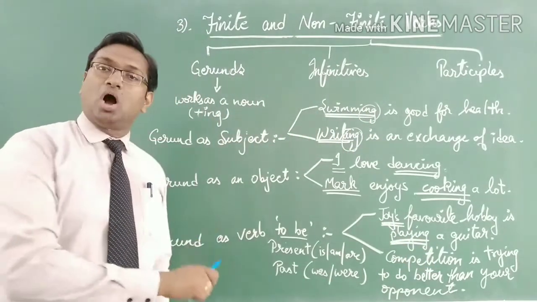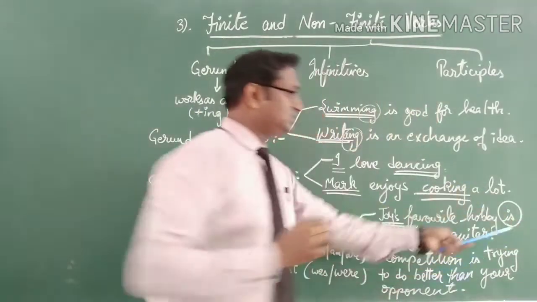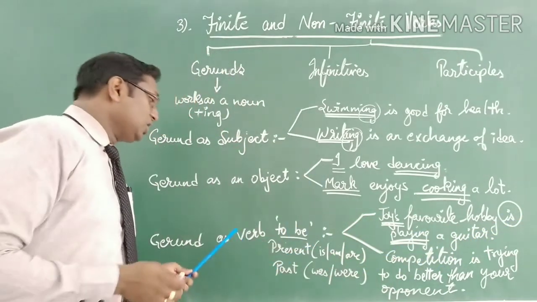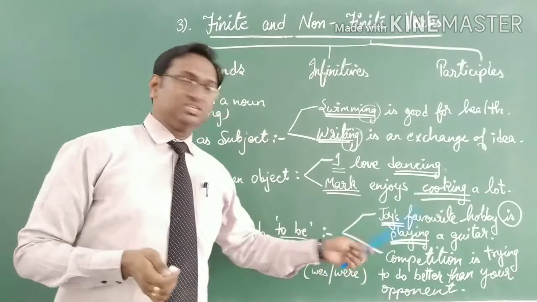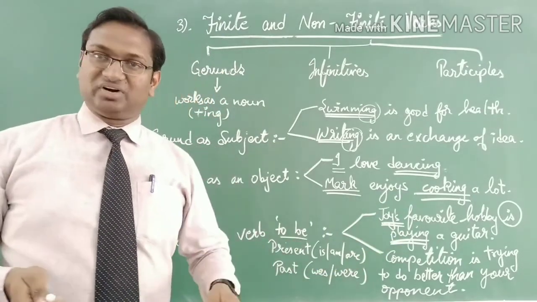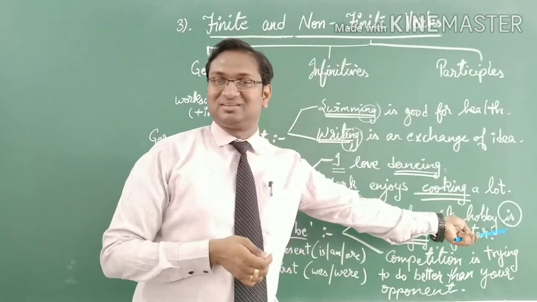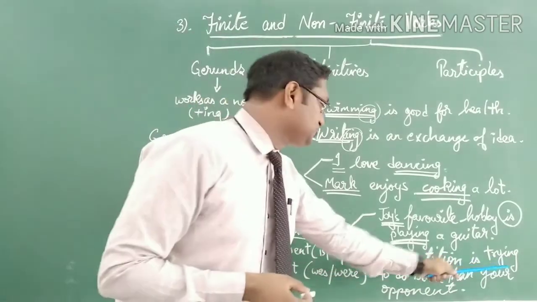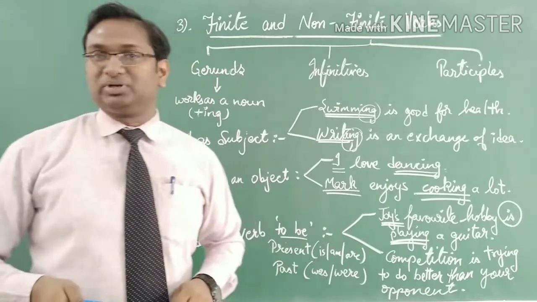So over here, complement to be is over here. So is playing is your complementary verb to be. Playing is your gerund as a verb and the form of to be is. Next, competition is trying to do better than your opponent.